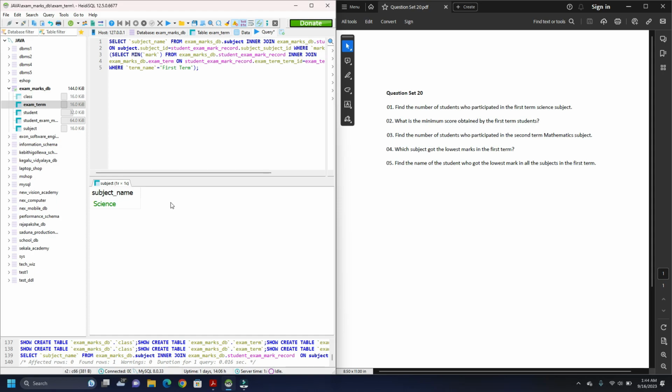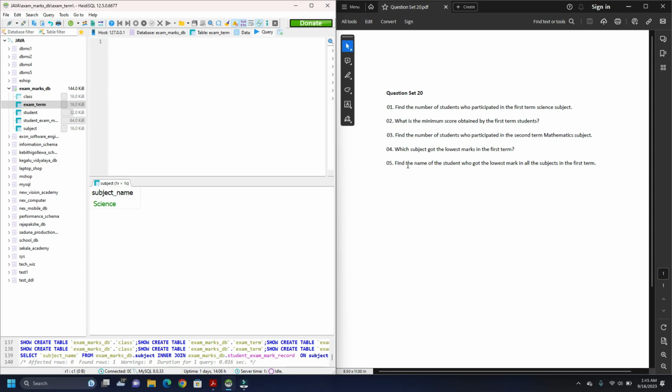And on to the fifth question. Find the name of the student who got the lowest mark in all of the subjects in the first term. So starting with select.